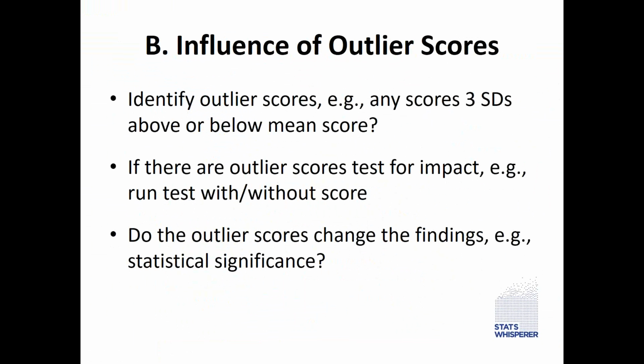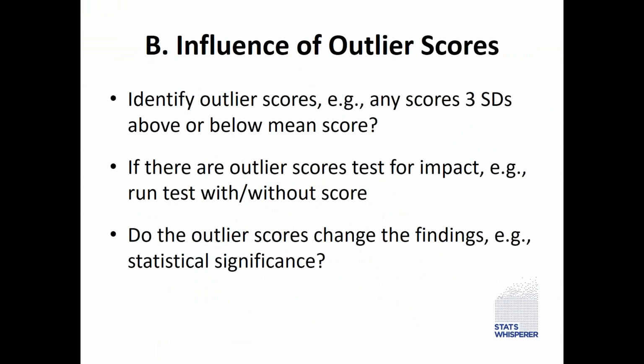Now, outliers. Outliers are extreme scores, right, relative to the average score. They can be extremely high or extremely low. They're rather insidious, meaning that they can cause a whole lot of trouble in your study without you seeing it.